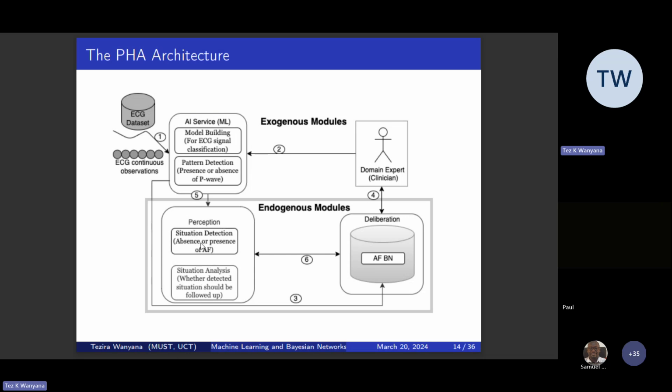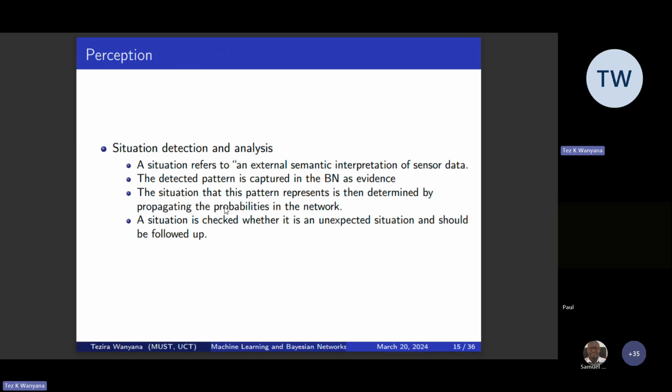So for situation detection, what we are doing is determining again what the pattern indicates in reality, and whatever it indicates is what we are calling the external semantic interpretation. So in this case, the interpretation would be AF or absence of AF, depending on whether a P wave has been seen to be present or absent.